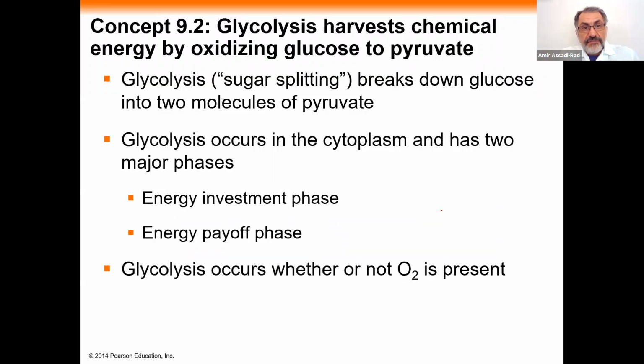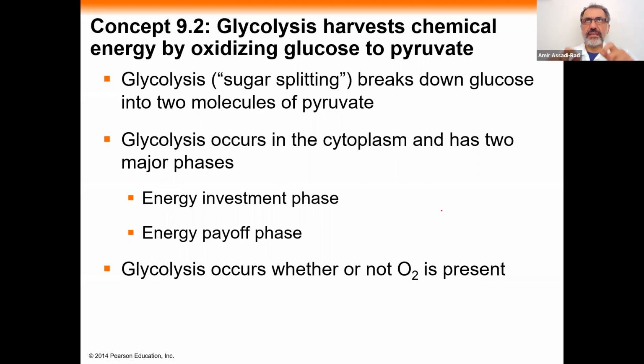So the very first one of the 3 stages, glycolysis, harvests chemical energy by oxidizing glucose. Glucose is being oxidized to pyruvate. In glycolysis, sugar splitting breaks down glucose into molecules of pyruvate. Glycolysis occurs in the cytoplasm and has 2 major phases: the energy investing phase and the energy paying off phase.